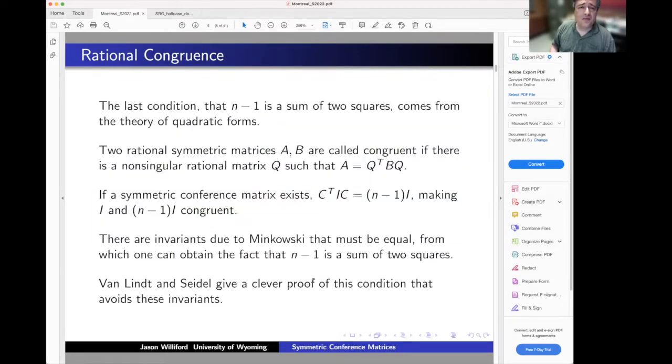Where does that sum of two squares condition come from? It's really just rational quadratic forms.